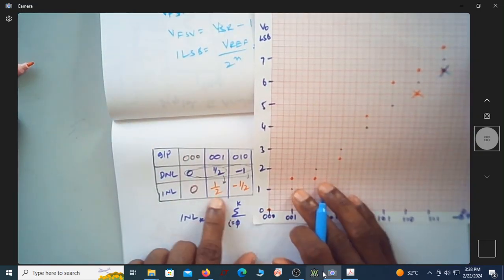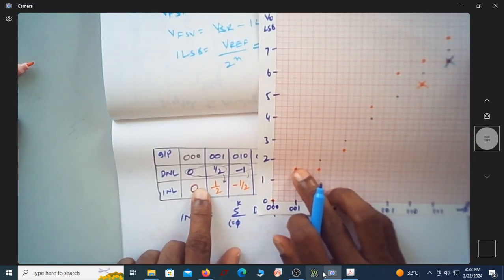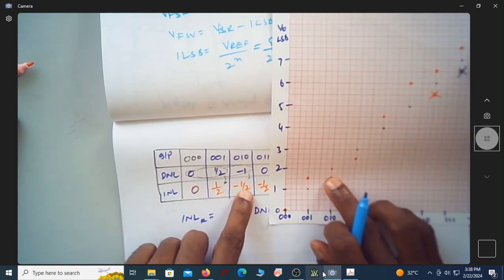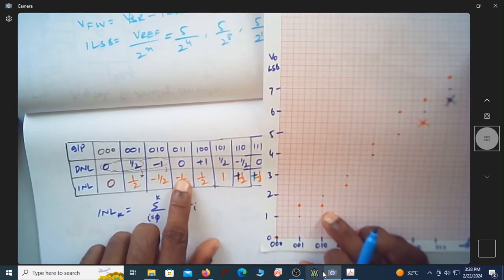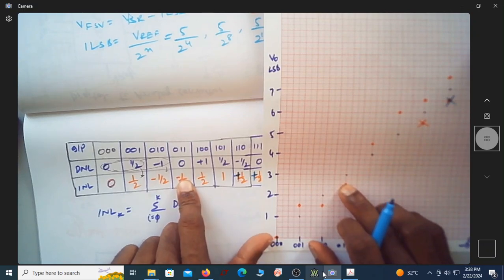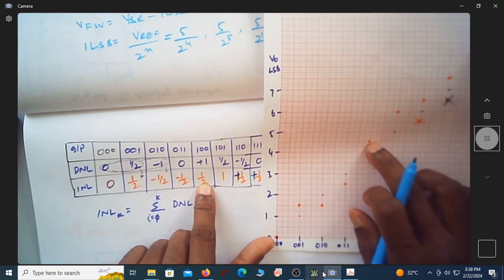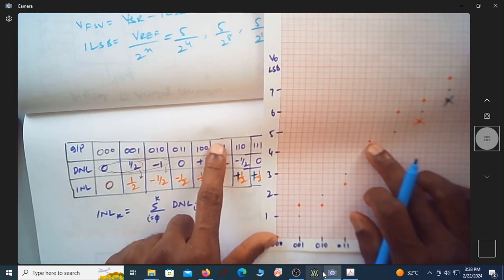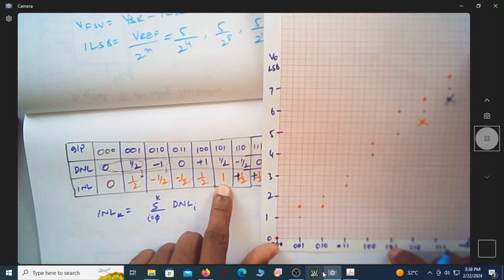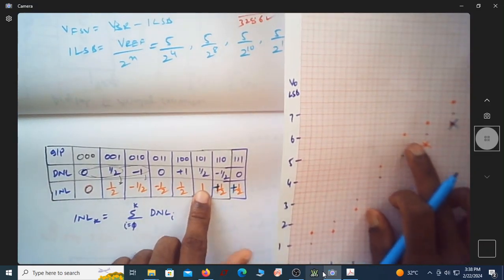So INL is 0 here, INL is half LSB more, INL is minus half LSB, and next INL is minus half LSB, but for 110 it's half LSB more INL. Then for 101 it's 1 LSB more here.